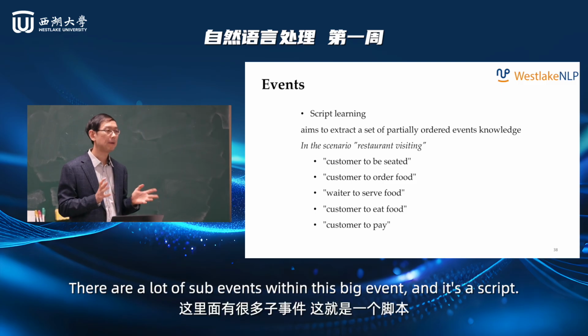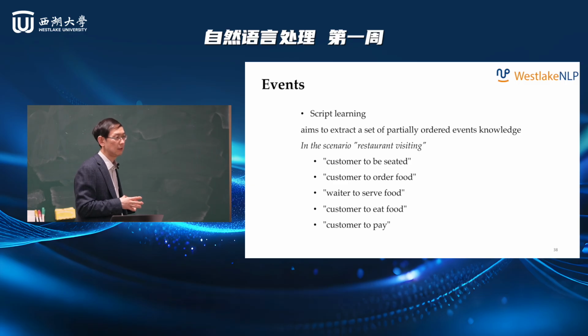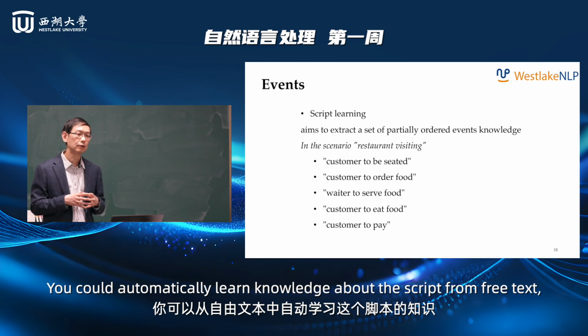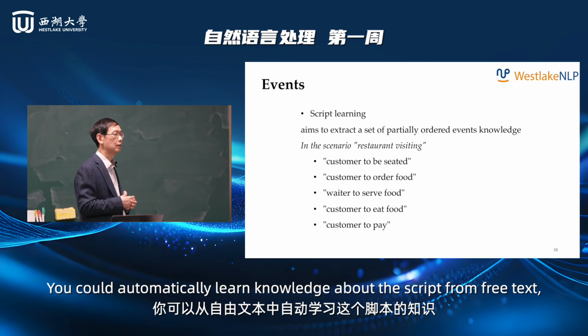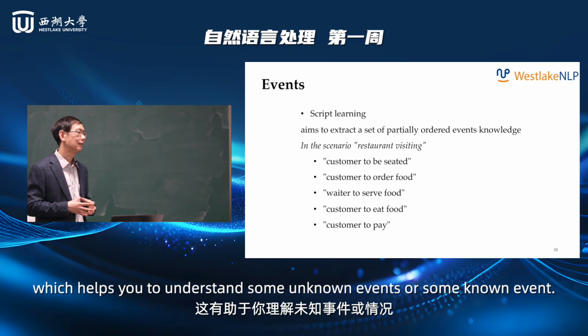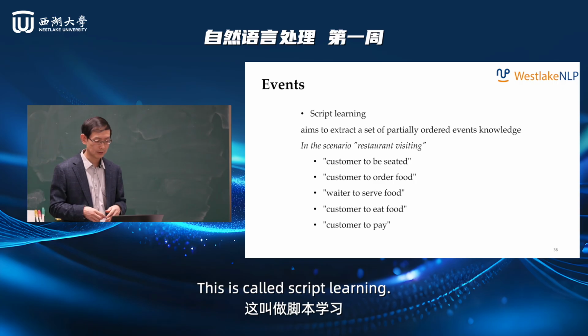There are a lot of sub-events within this big event, and it's a script. You could automatically learn knowledge about a script from free text, which helps you to understand some unknown events or some known events. This is called script learning.